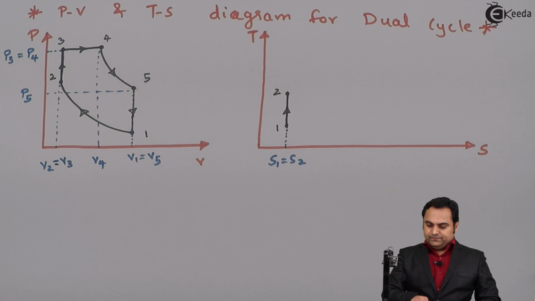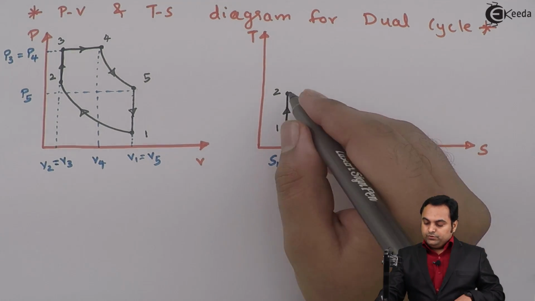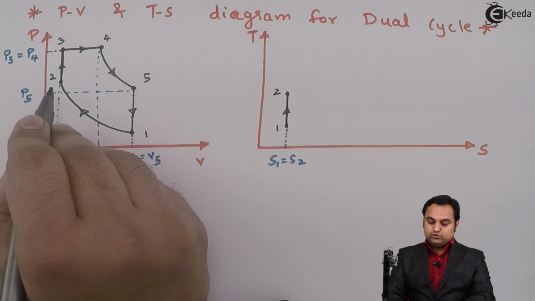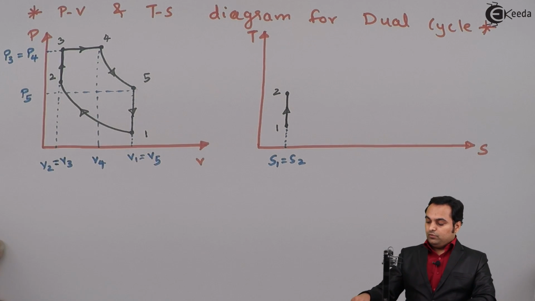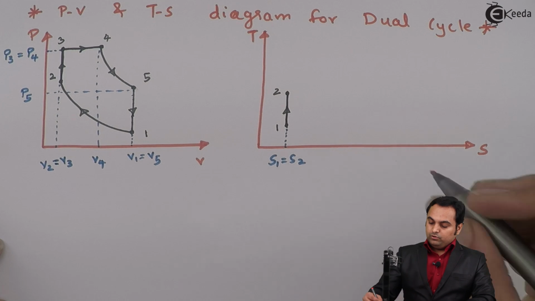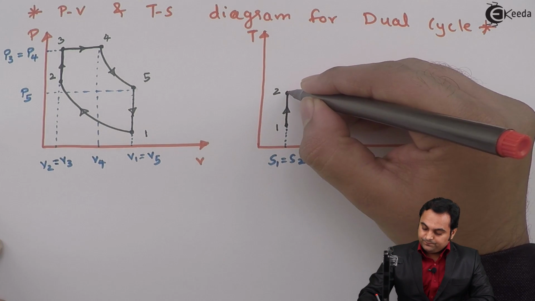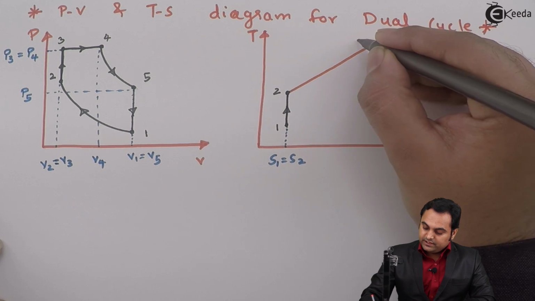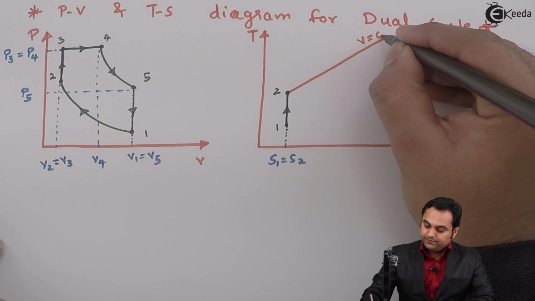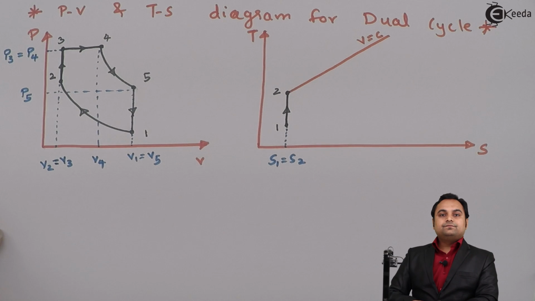So now process 1 to 2 is isentropic compression, process 2 to 3 was constant volume heat addition. Now constant volume lines are more inclined, that is, here I'll denote this line as a constant volume line.